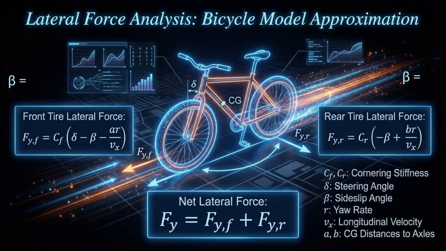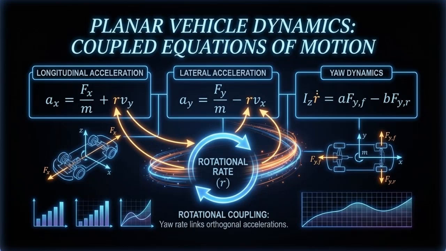In words, each lateral force is proportional to its slip angle, and each slip angle is set by steering input and vehicle motion. These front and rear forces are then added together. Spoken mathematically, the total lateral force equals the front lateral force plus the rear lateral force. This completes the force description needed before writing the vehicle's lateral and yaw motion equations.